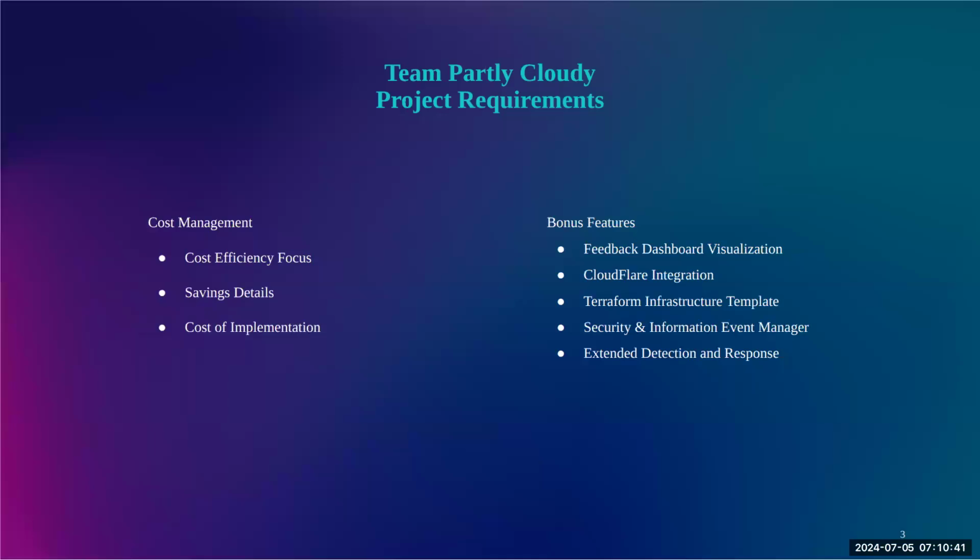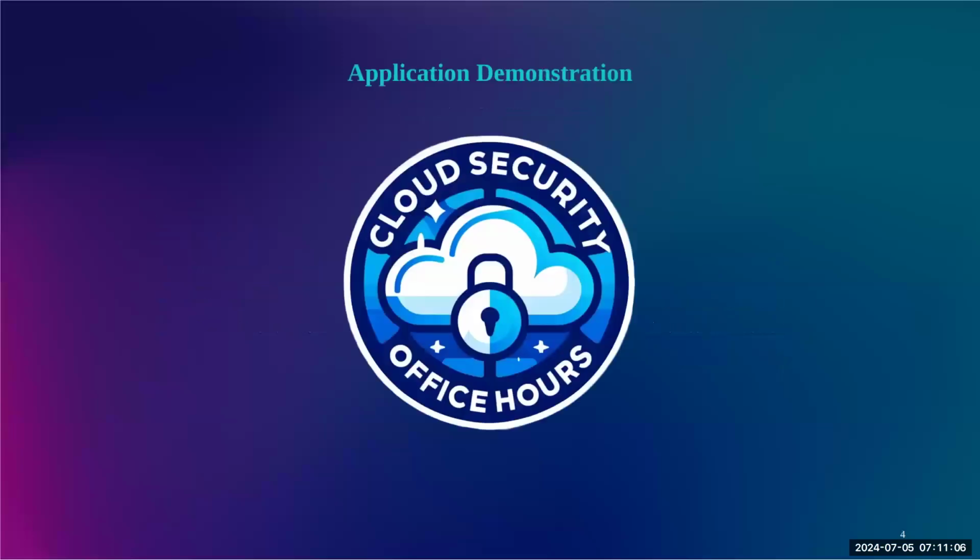It also required us to consider costs to make sure we keep it low or minimum or none across the board. And it also gave us some space to have bonus features that were up to the team. So we integrated certain features that we're going to showcase today. And with that, I'm going to pass my screen over to our application developer for the application demonstration walkthrough.